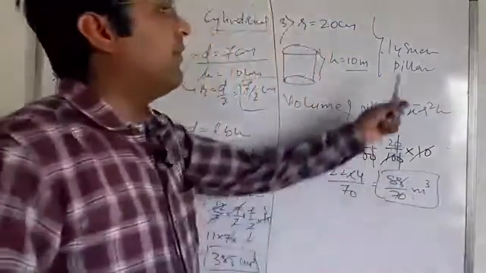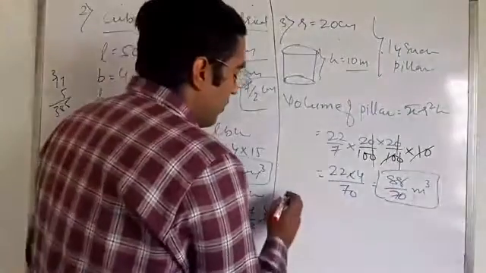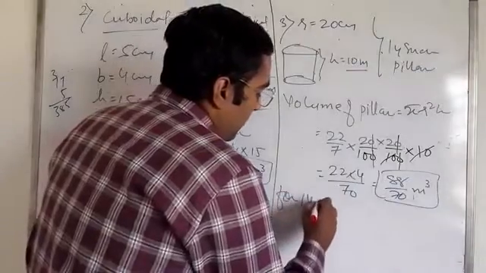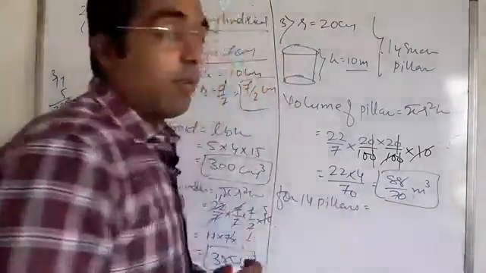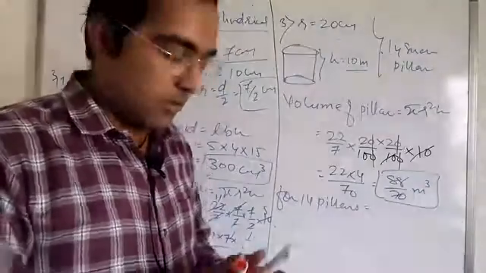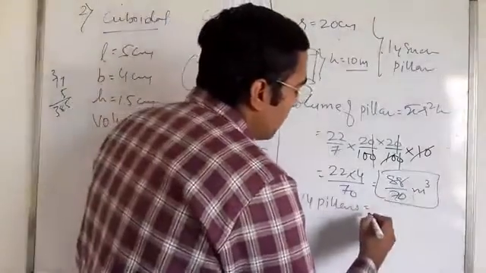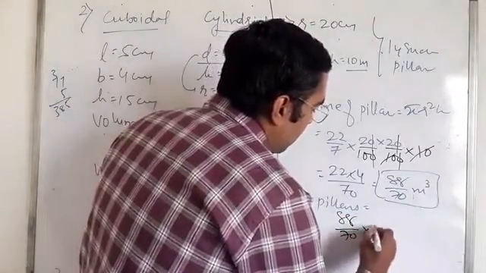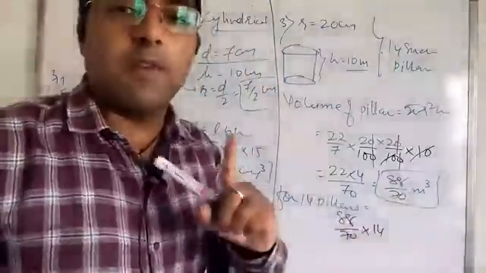Now I have to find it for the 14 such pillars. So I'll multiply this volume by 14 pillars. We multiply by 14 because this is the volume of one pillar: 88/70 into 14.